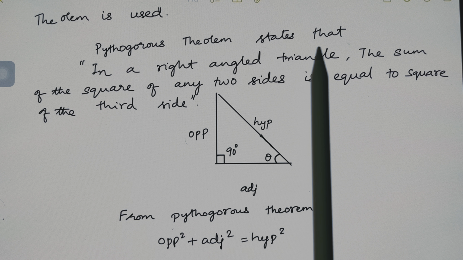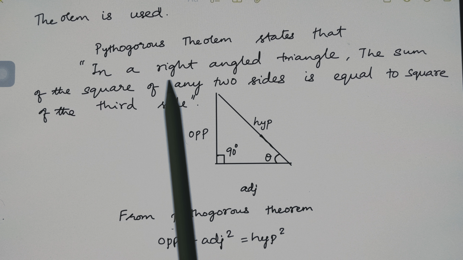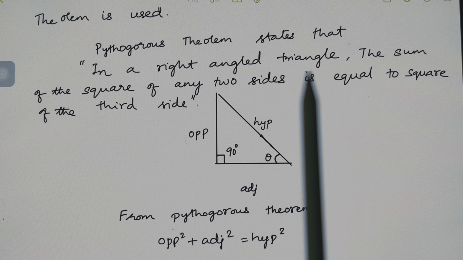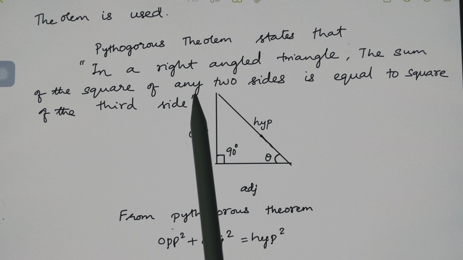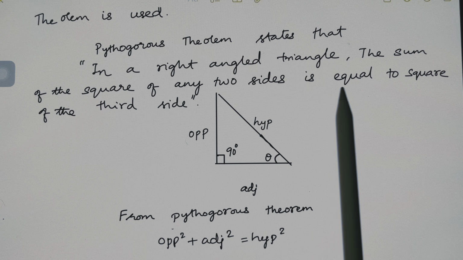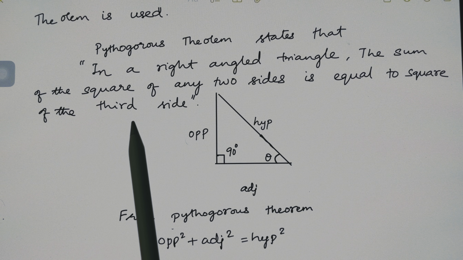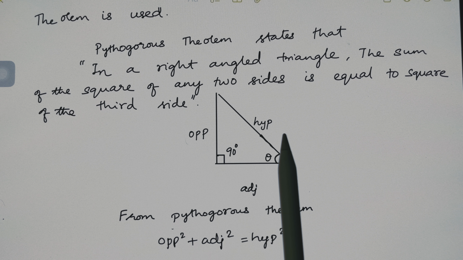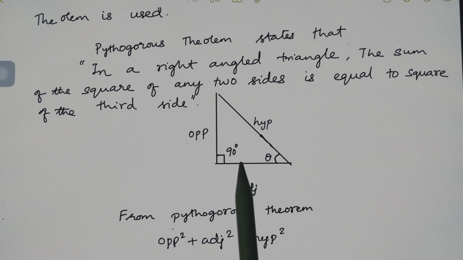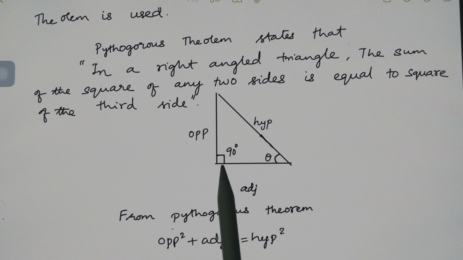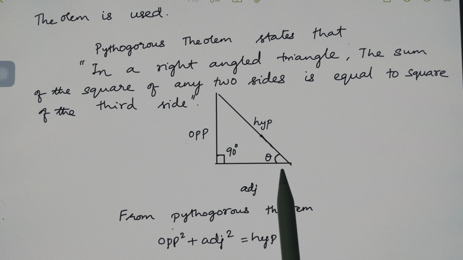Pythagoras theorem states that in a right angled triangle, the sum of the squares of any two sides is equal to the square of the third side. If you have a triangle, we have to consider a right angle triangle. In a right angle triangle, one of the angles will be 90°. Now you have to find out the angle theta.